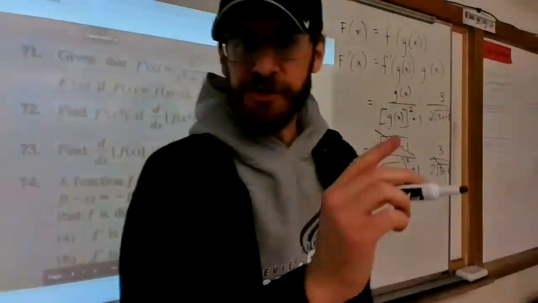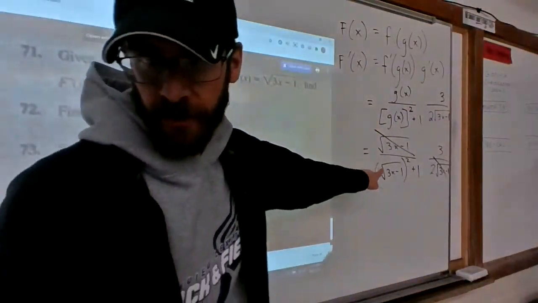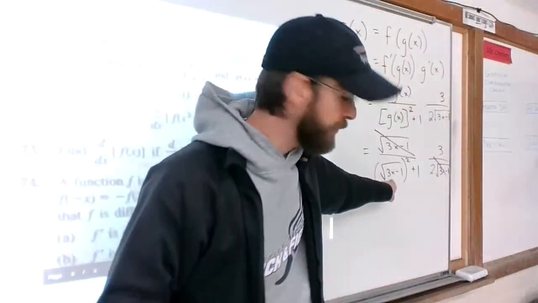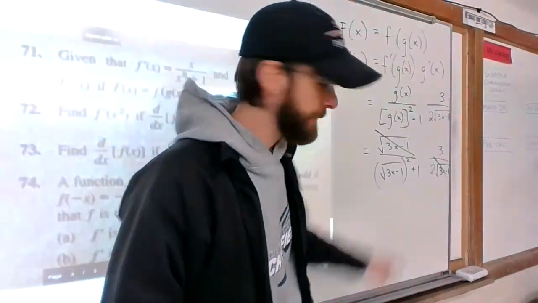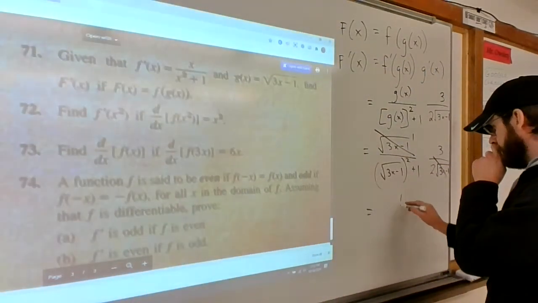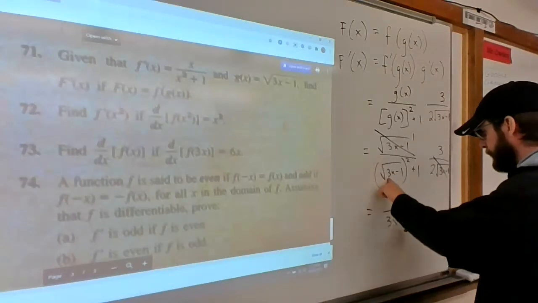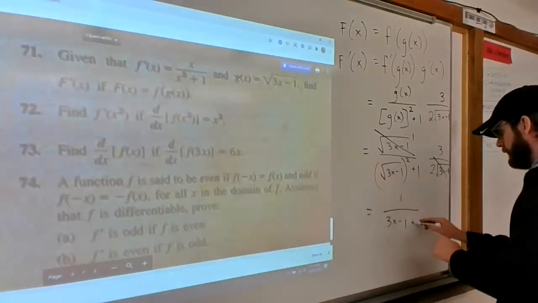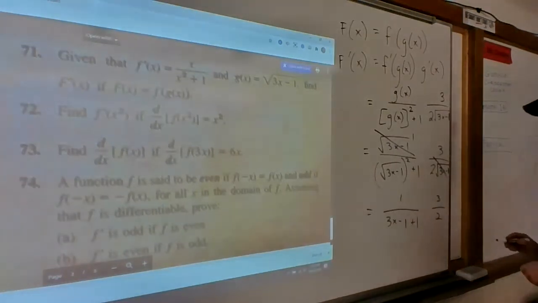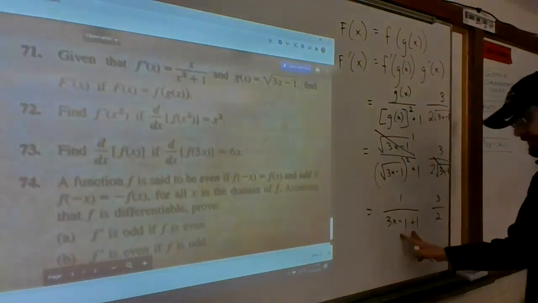And we can square the square root here by just getting rid of the root itself. You've got 3x minus 1 now replacing this. So you've got 1 over 3x minus 1 plus 1 times 3 over 2. Then these are going to cancel.